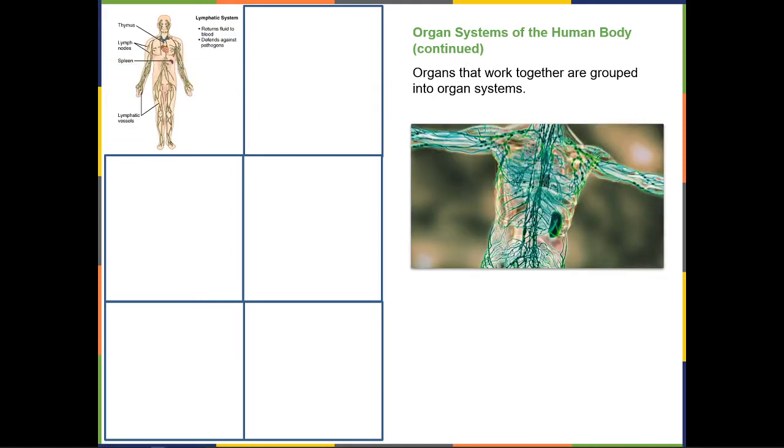Next one is going to be your lymphatic system. Your lymphatic system works kind of hand in hand with your cardiovascular system. From the picture there, you can see it looks like a whole bunch of vessels, and they kind of follow along with the blood vessels. Their job is twofold. Number one is to keep that water, remember we said we are anywhere from 55 to 75% water, evenly dispersed around your body.